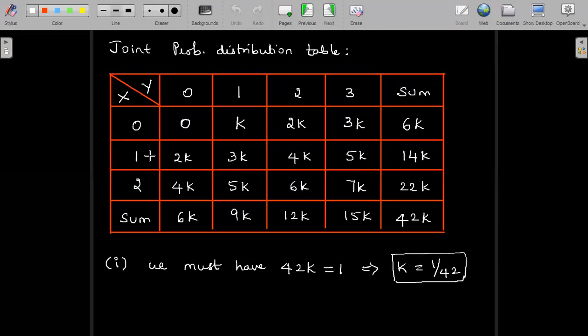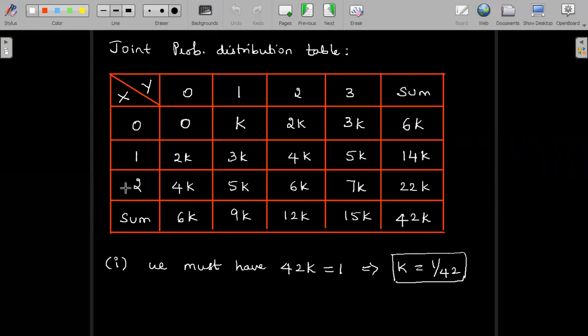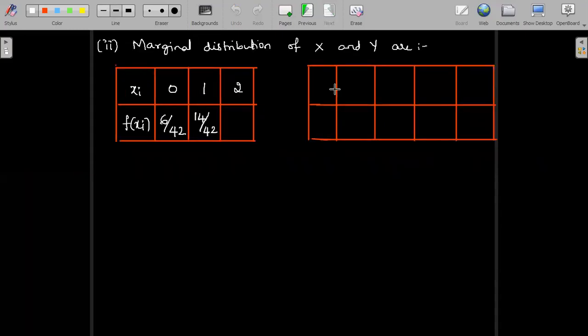Similarly, when x is 1, we saw that the sum is equal to 14k, so 14 divided by 42 is the second value in f of xi. Similarly, for x equal to 2, the sum is 22k. The row wise sums we have already written in the joint probability distribution table, and that helps me write down the marginal distribution values easily.